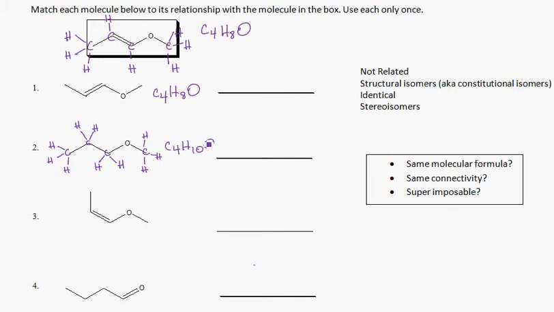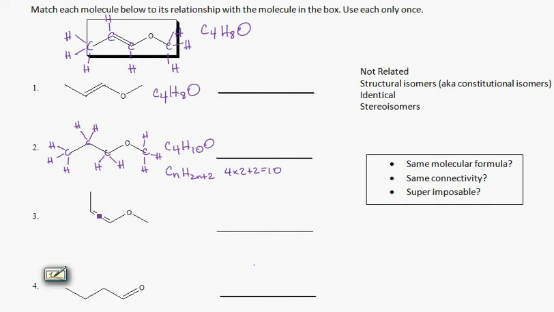If you didn't want to count the hydrogens, you could have used the formula CnH2n plus 2. The oxygen doesn't affect the number of hydrogens at all, so we could say 4 times 2 is 8 plus 2 equals 10. If you have 1 double bond, the number of hydrogens is exactly double the number of carbons.